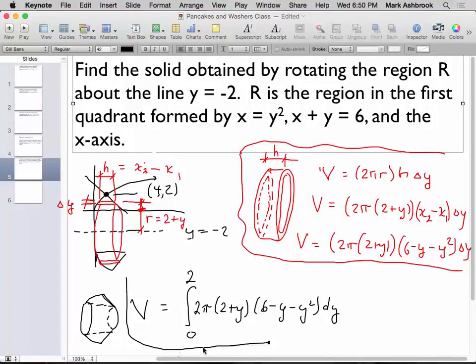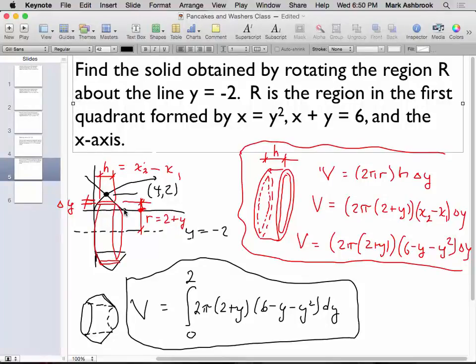Okay, questions on setting that up? Did I lose you? Your selection of the height is confusing? The height is defined as the bottom of the shell being this curve, and the top of the shell being this line.